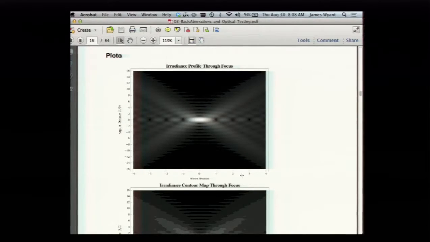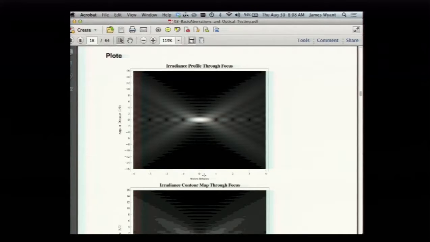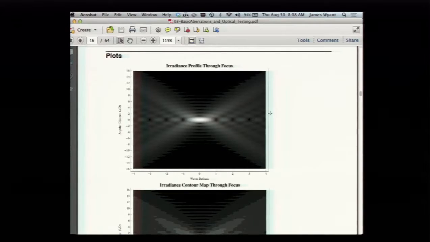And then along the x-axis, I write the waves of defocus. So for m equal to 1, that would be here, m equal to 2, m equal to a half, and so on. So that's just the irradiance profile that I see going through focus.